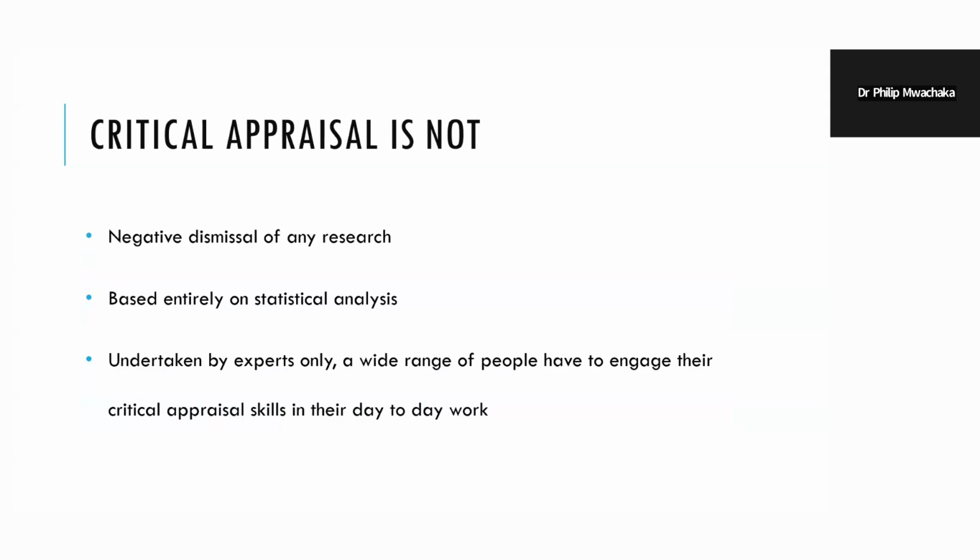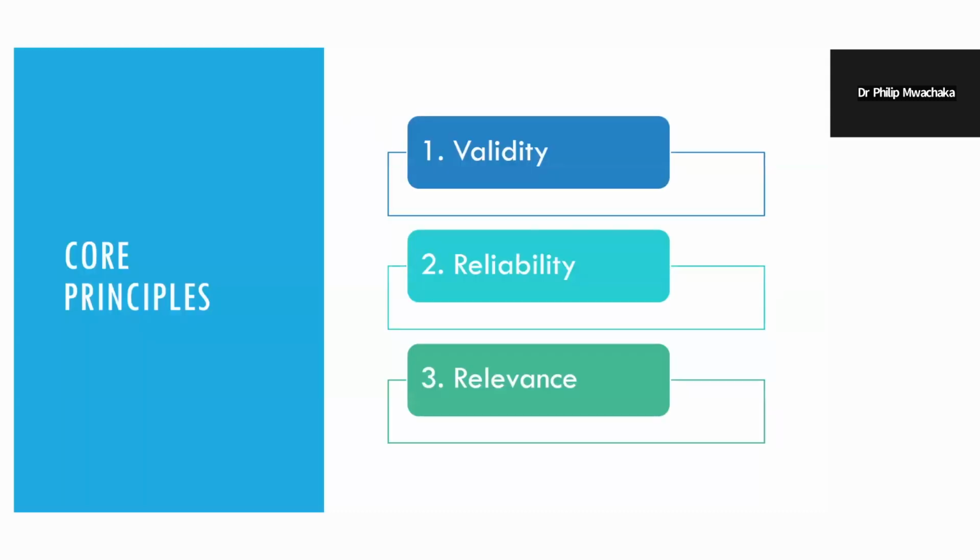And it's not based on statistical analysis. And it can be undertaken by anyone interested in the field. So that's one thing you need to be aware of, that any of us should be able to have these critical appraisal skills to be able to look at any paper that is in our field and to be able to make a good judgment. So there are three principles of critical appraisal.